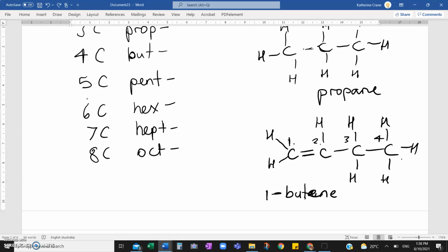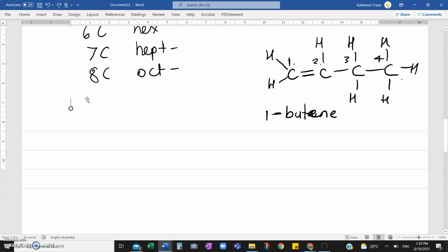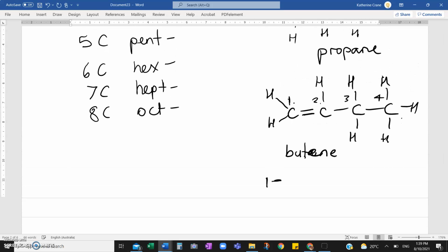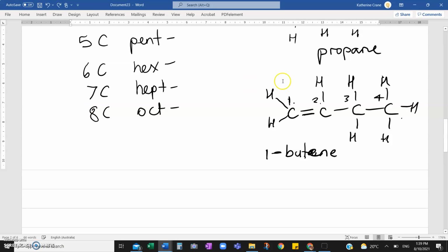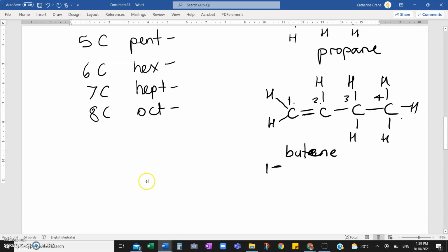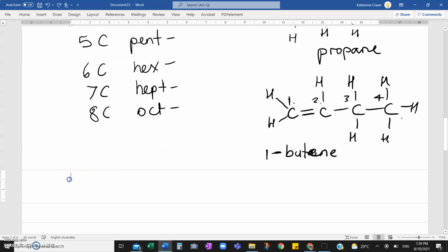Because basically, these are 3D. You could literally turn it around and it's still the same molecule. So that's 1-butene. And just to give you an example of what 2-butene would look like, sometimes this is just a little bit more tricky than I need.